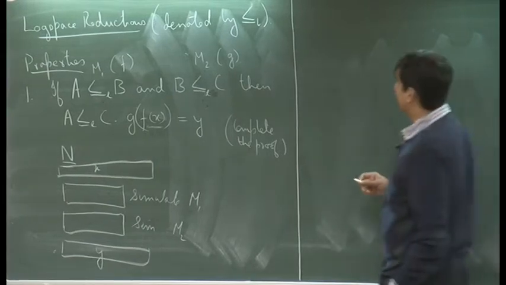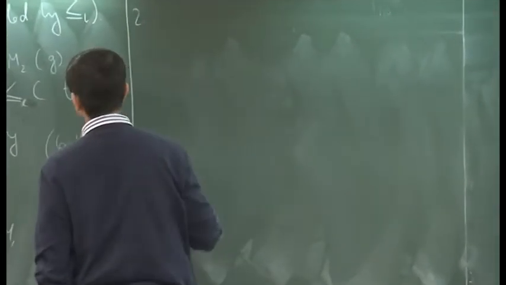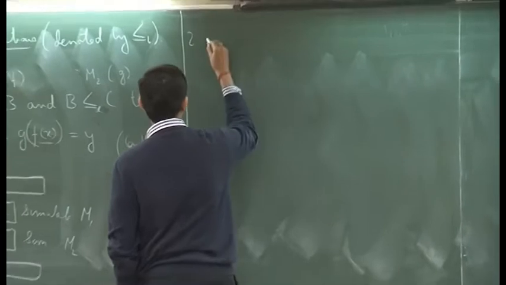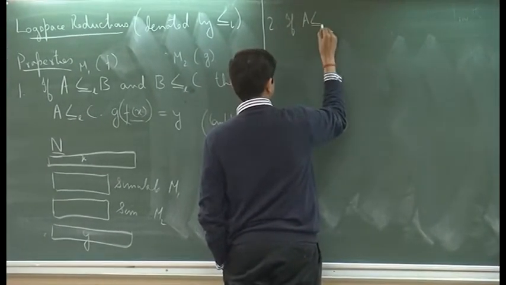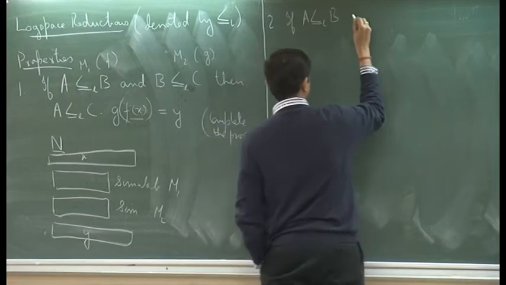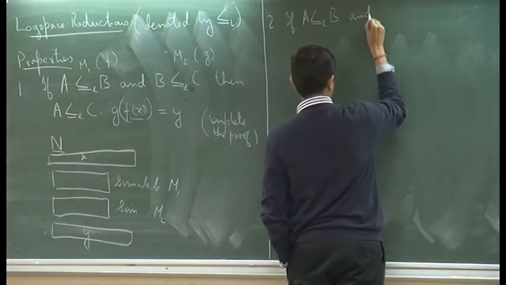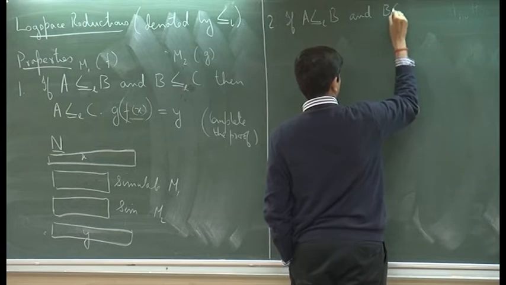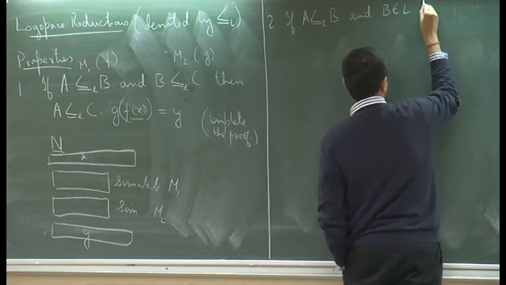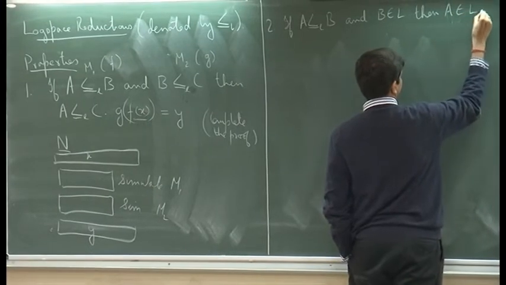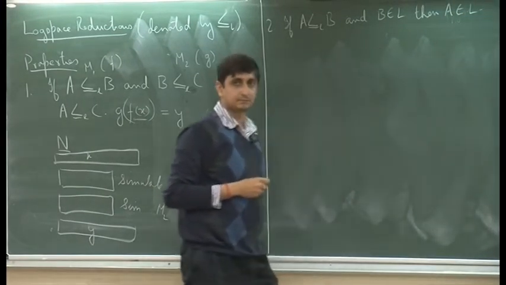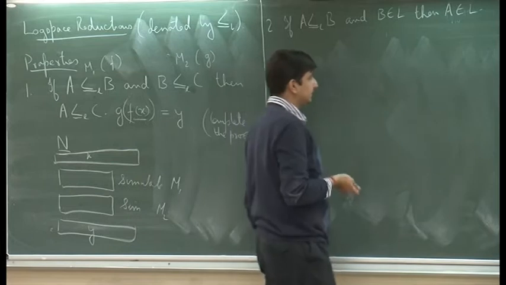So, let us look at another property. If a language A reduces to another language B, and B is contained in L, then A belongs to L as well. Again, this is using a similar idea.